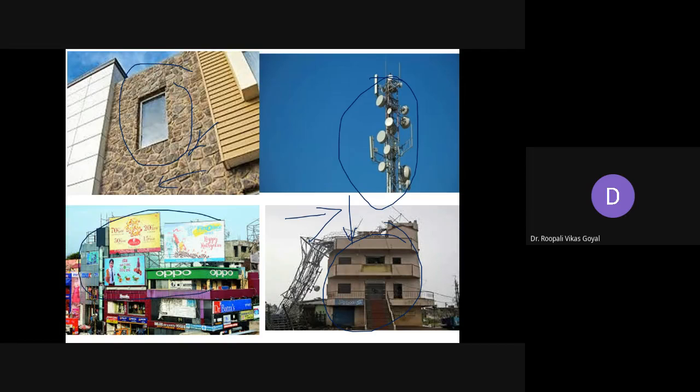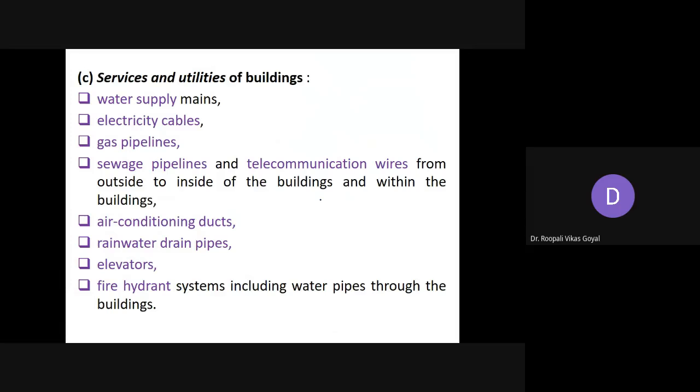Similarly, all these hoardings, etc., if they are not properly secured and attached, can also result in secondary disaster. So these are all very important things that you have to consider, that they should be properly secured. All the services and utilities of the building are also a very important part, and they should be properly secured: water supply main, electric cable, gas pipeline, sewage pipeline, telecommunication wires, then air conditioning ducts, rainwater pipeline, then elevator, fire hydrant system.